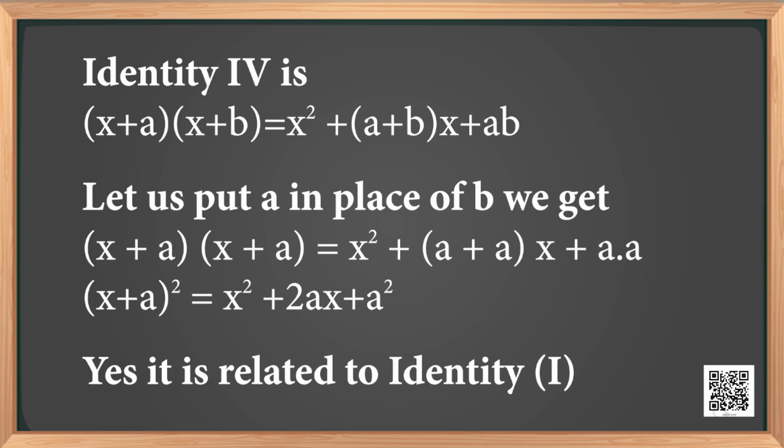We get (x plus a) times (x plus a) is equal to x square plus (a plus a) into x plus a into a. That is (x plus a) whole square is equal to x square plus 2ax plus a square, which is nothing but identity number 1. Yes, it is related to identity number 1.